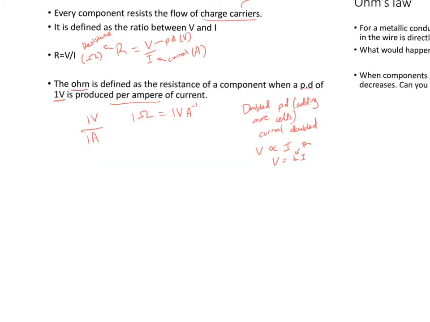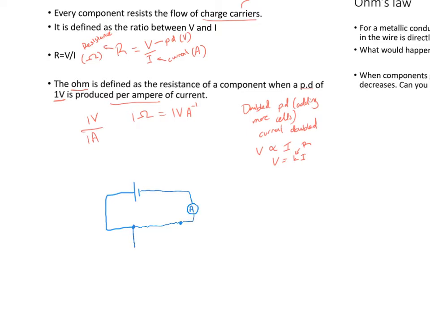A very simple way of investigating this relationship is starting with a single cell, adding a little wire between 2 points. You obviously need to be able to measure current, and to do that you need an ammeter in series.